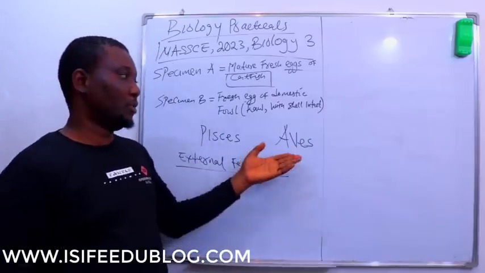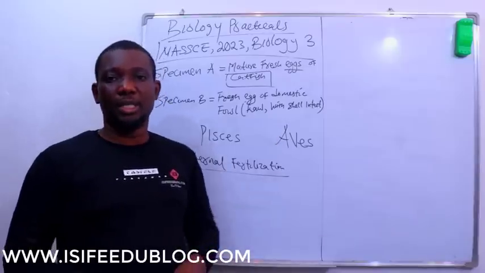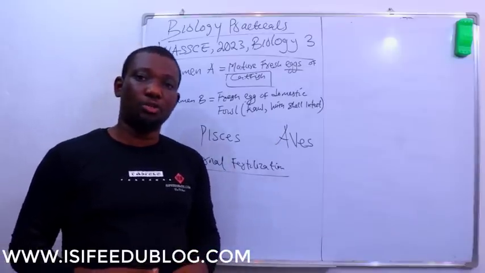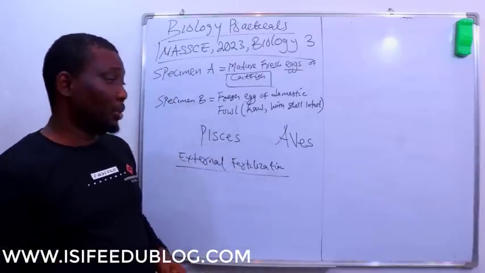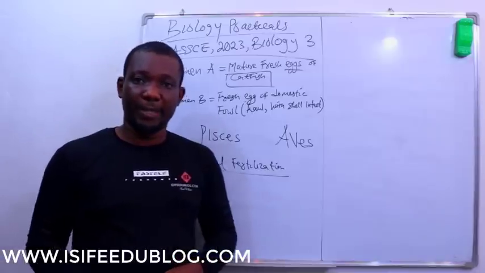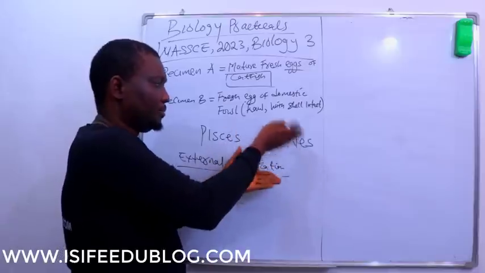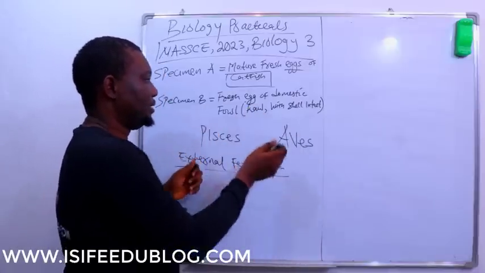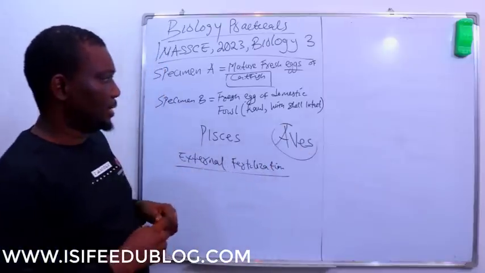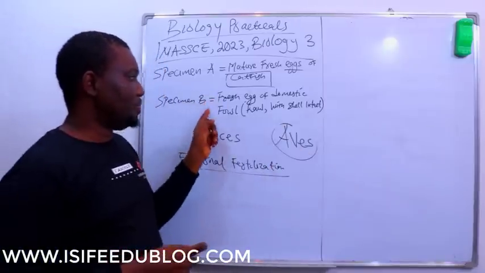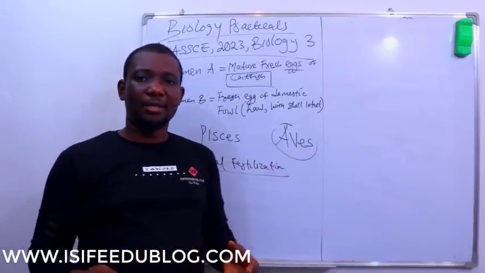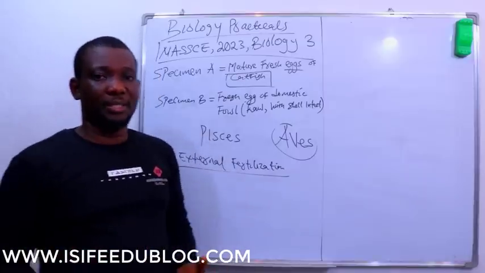If you look at the features of these Aves, you also find that they have their mouth modified into a beak, and their bodies are covered with feathers. Try to look at the egg laid by these members here. You will find that this egg laid by Aves is fertilized already.